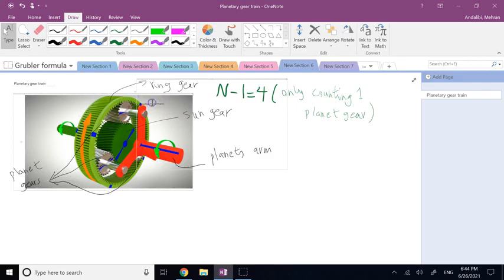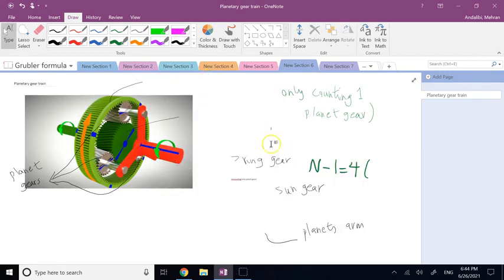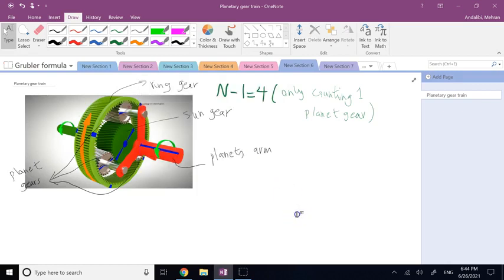I can completely treat it like a 2D problem. So I have a pivot here, because the ring shaft is pivoted to the ground. I have one here. The shaft of the planet arm is also pivoted to the ground.